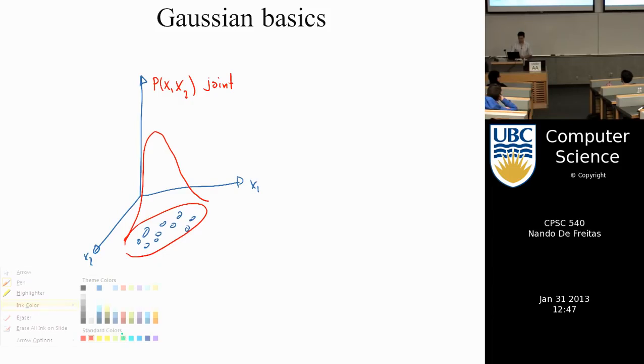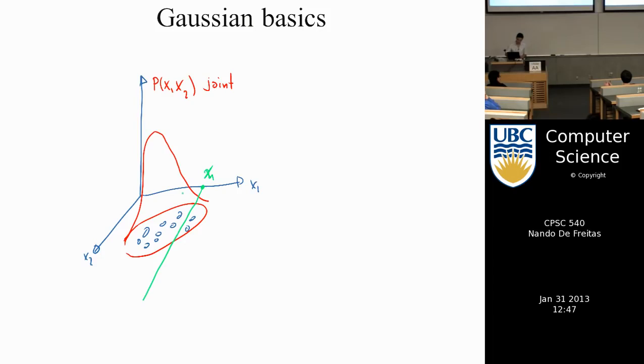In addition, I'm now going to do the following. I'm going to cut this Gaussian at a particular value. So I'm going to choose a particular value of x1. Okay, let's say this value here. Let's call it x1 with a hat in cursive.